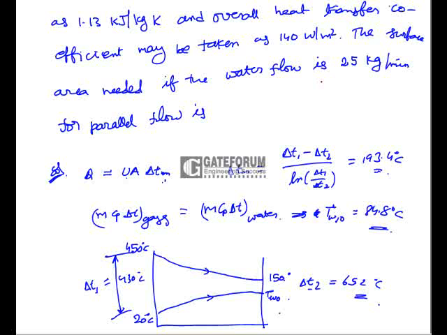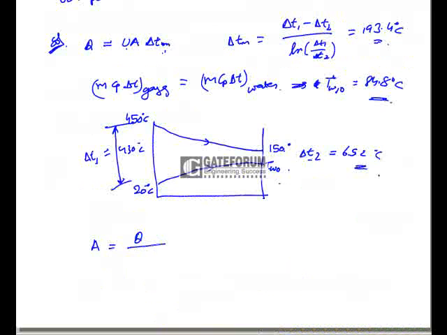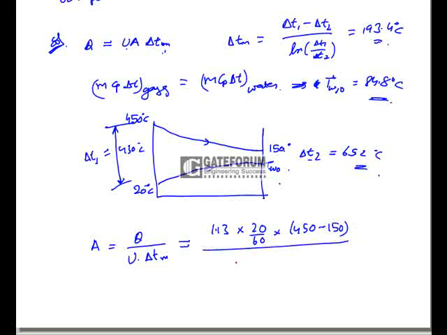Now we can calculate the surface area needed, which is Q by U into ΔTm, and here Q is m Cp ΔT. So 1.13 into the mass flow rate of 20 kg per minute, that is 20 by 60, into ΔT of 450 minus 150, divided by U, which is 140, and ΔTm, which is 193.4. By using this equation we can get the surface area.